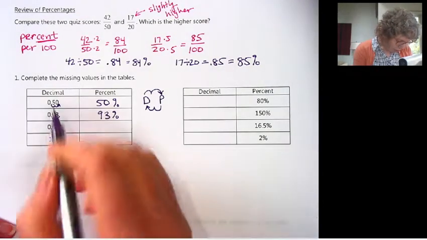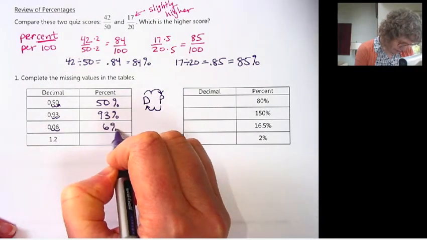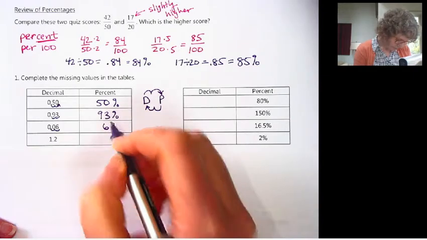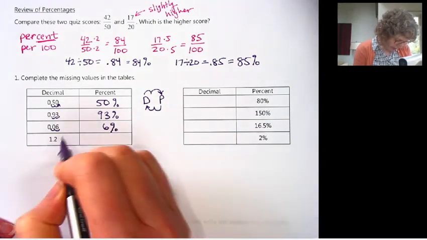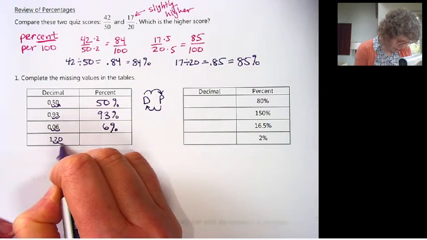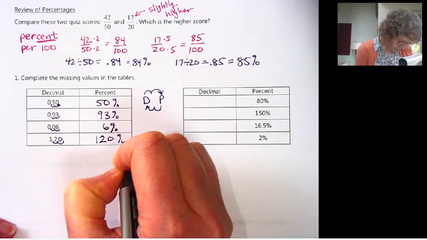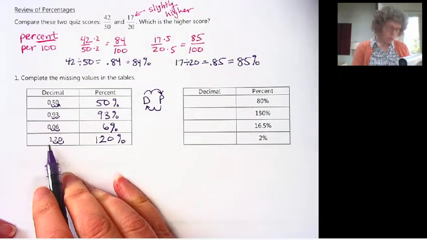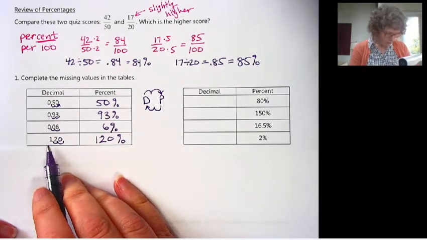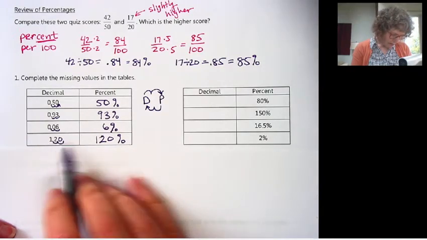Okay, so 0.06 is actually going to be 6%. 1.2, I have only one digit there, so I need to add a 0, and that's actually 120%, right? 1 is greater than 1 whole, so 1 is 100%, and then we move it over, that's 120%.